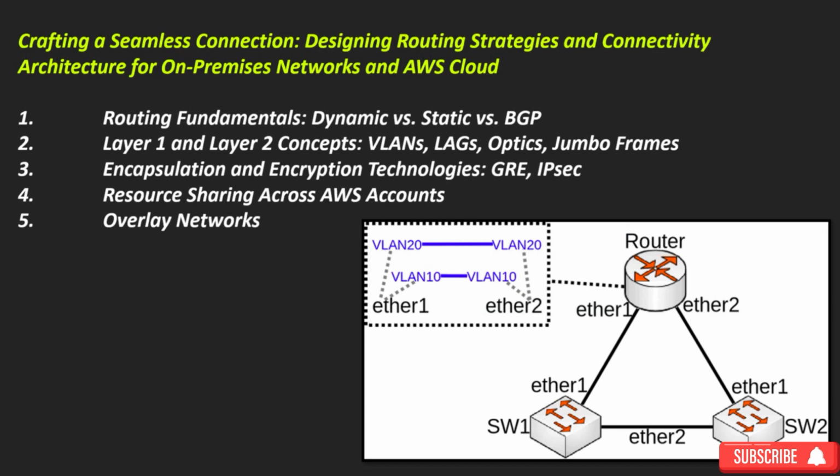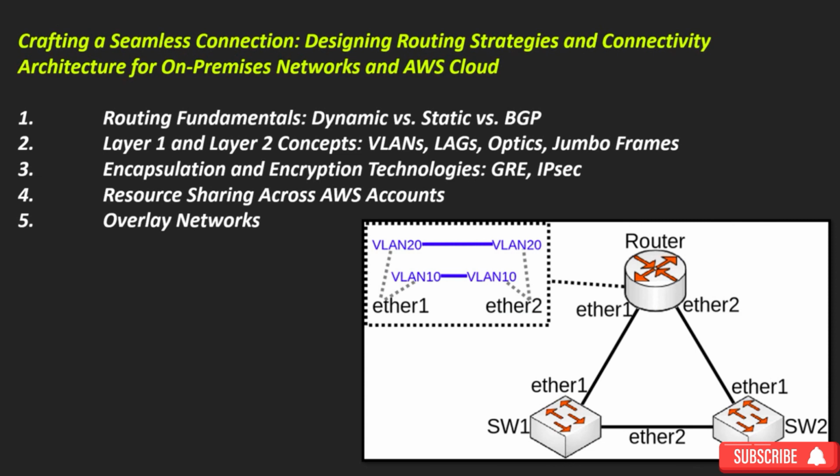AWS supports dynamic routing with the Border Gateway Protocol, that is BGP, and it allows for automatic detection and rerouting in case of failures. Actually, this is a dynamic approach. It enhances adaptability and resilience.